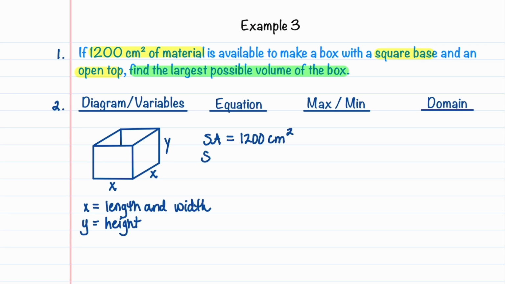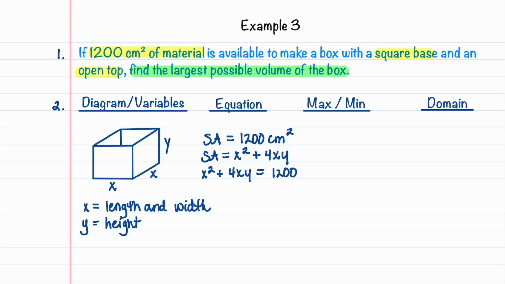And then let's also write down what our surface area is. It's equal to the base, which is x squared, and then it's equal to all four sides, and those four sides are the same, so we're just going to have 4xy. So our equation is going to be x squared plus 4xy is equal to 1,200. We'll leave out the units for right now.